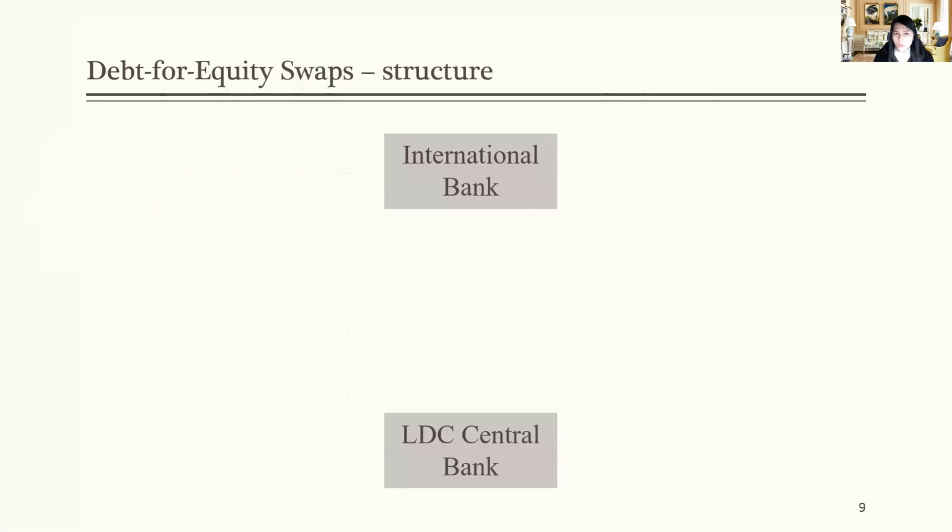So in a typical debt for equity swap, now these are the two original parties to the contract, right? So you've got your creditor being an international bank, and then you've got your debtor country. So let's say originally this is Citicorp, and this is Mexico.